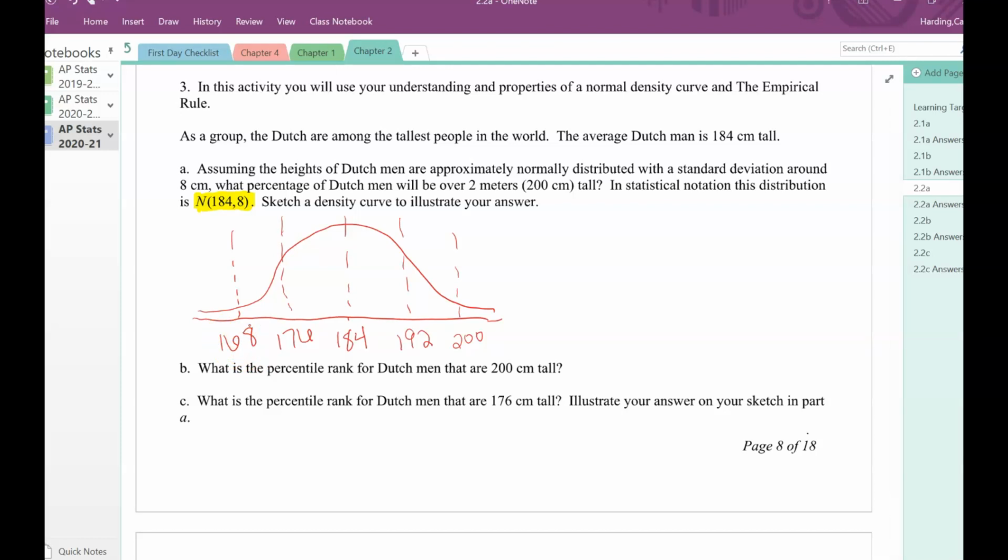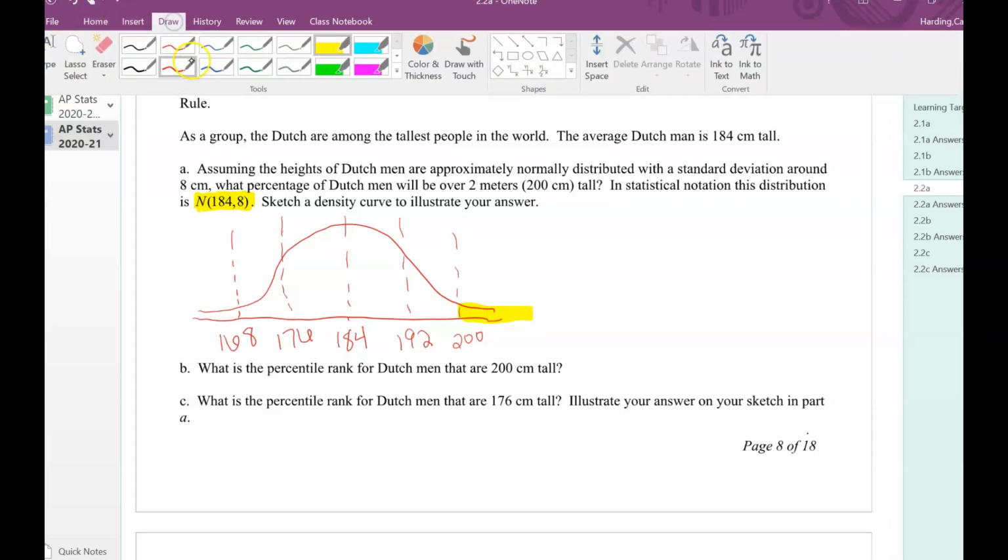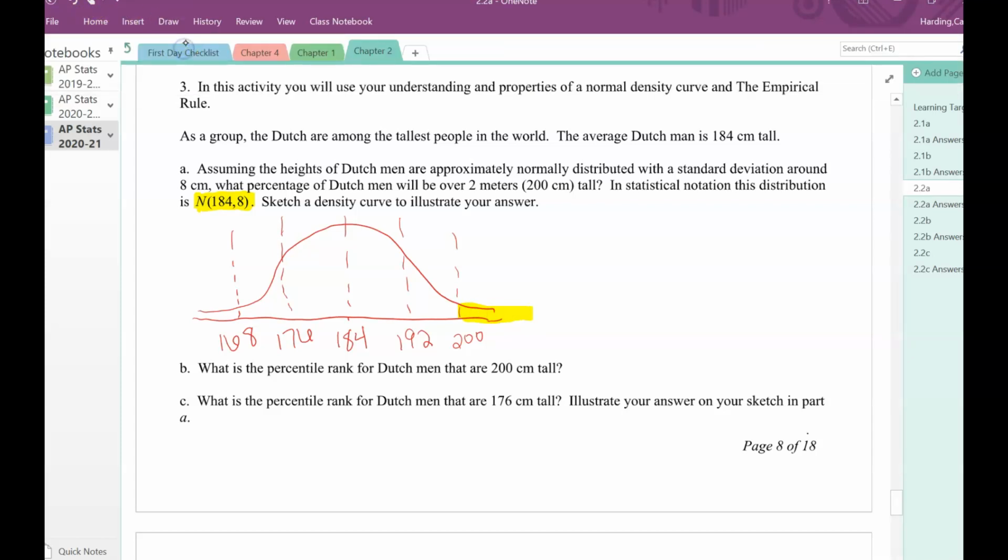So it says in here, what percent of Dutch men will be over 200 centimeters tall? So what they're asking for is this area right here. This area, what percent of the data fall into that? Well, we can look at our different percentages. I know that 68% of the data falls here. I know that 95% of the data falls in here.